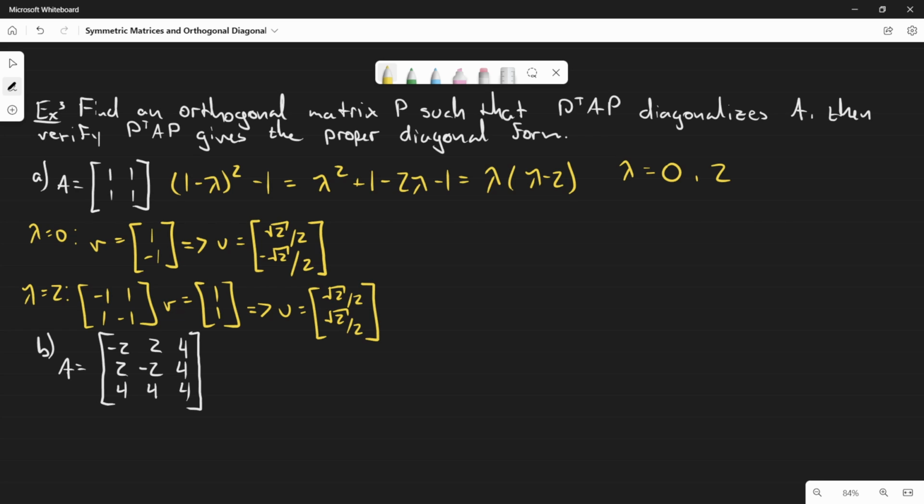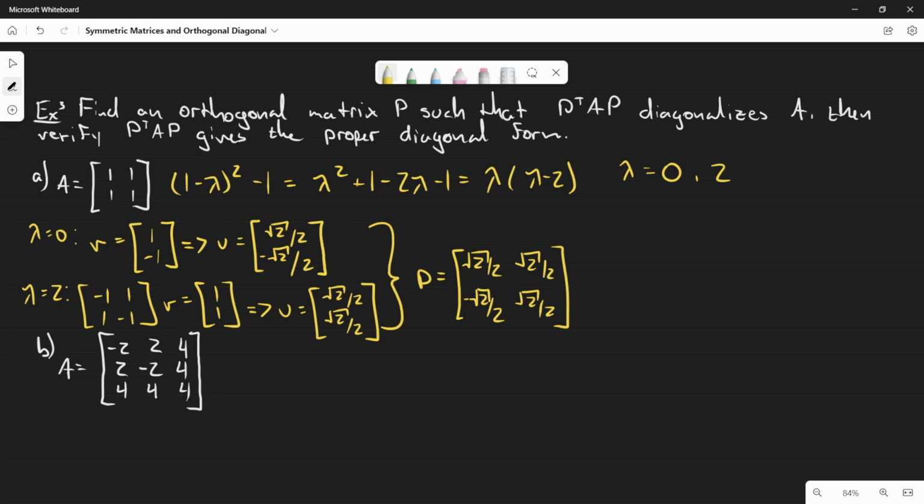Combining all of this gives us an orthogonal matrix P. We have the eigenvalue 0 vector as the first column: root 2 over 2, negative root 2 over 2, and then the other column would be root 2 over 2, root 2 over 2.